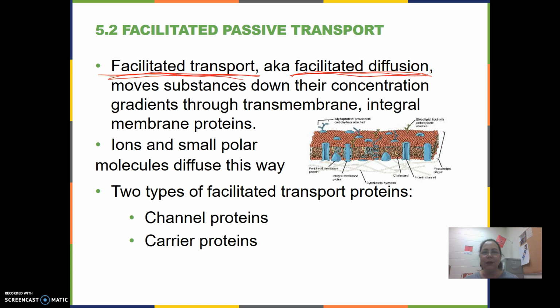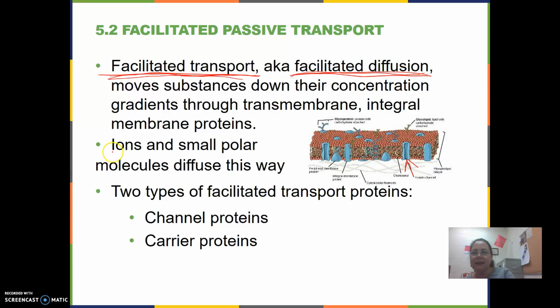That means a carrier protein, one of these blue proteins here, either a protein channel or what we call a carrier protein that actually carries or transports a substance across the membrane. Some type of integral membrane protein is going to assist the substance in crossing the membrane.